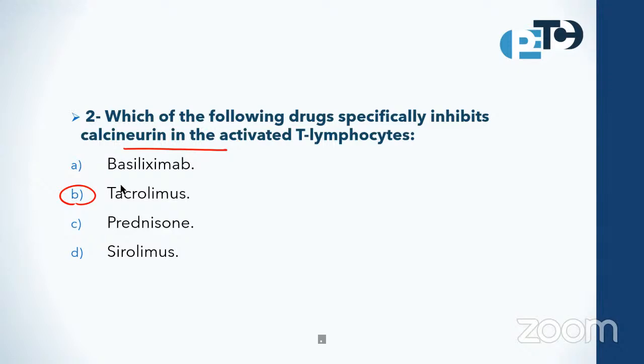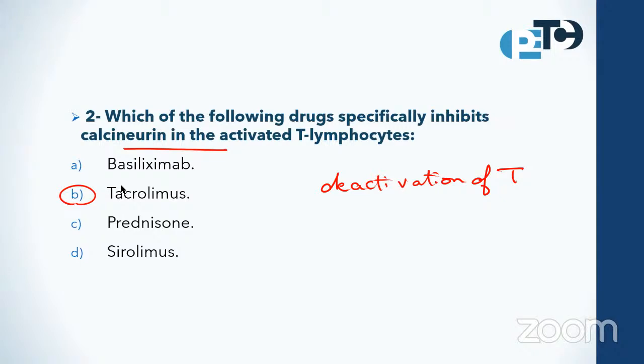What is this mechanism? The immunosuppressants, especially those used for organ transplantation, depend on the deactivation of T lymphocytes, T cells, which are responsible for the activation of the immune system. So when you prevent T cells from their action, you will inhibit the immune system.